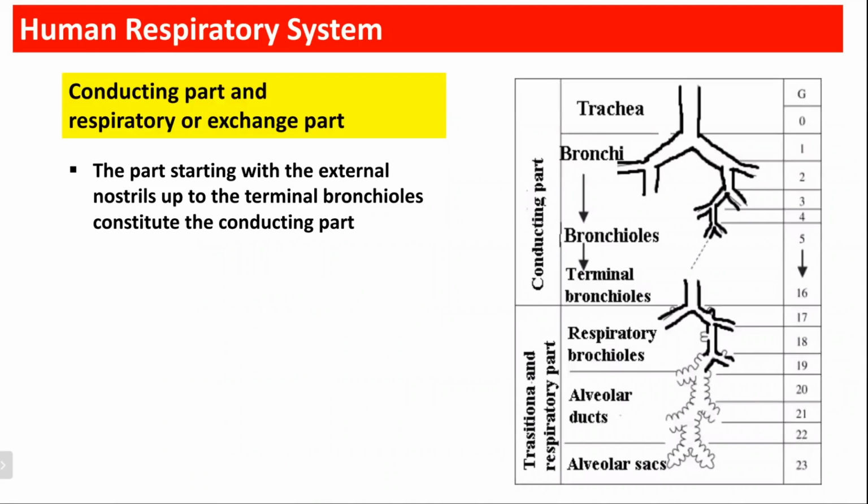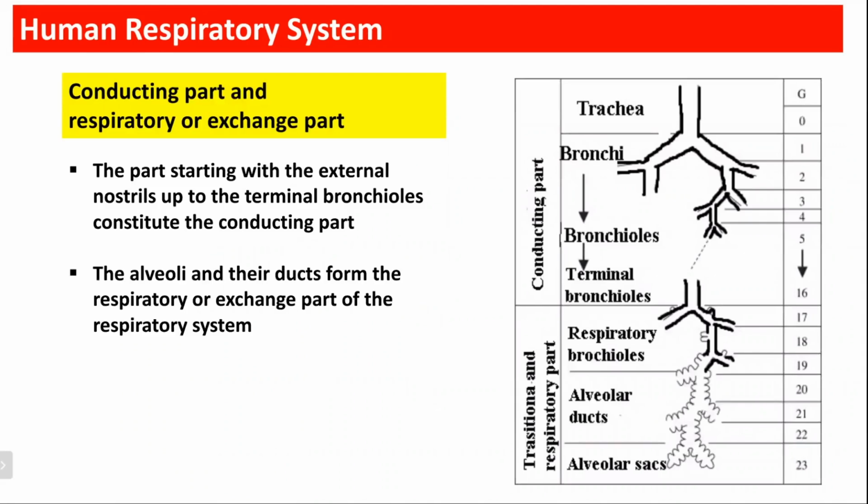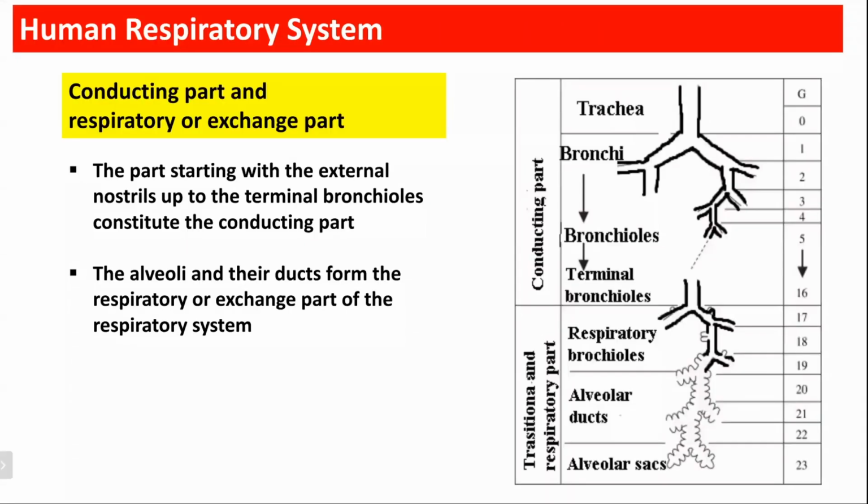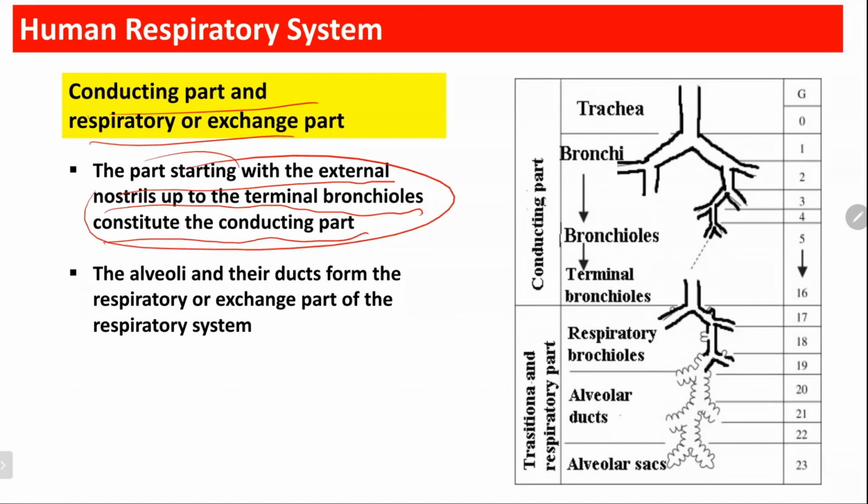And another important thing I would like to share with you: in the human respiratory system, you will come across 2 parts. What are those 2 parts? You see conducting part is there. Conducting part starts from external nostrils, and it goes up to terminal bronchioles. This part constitutes the conducting part.